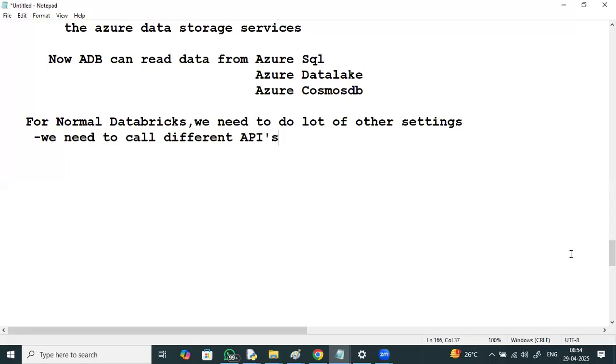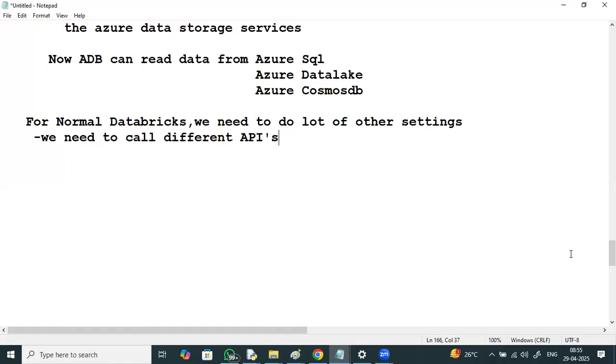One is the driver node, the master node, and the remaining are worker nodes. The driver node is the main node and takes care of everything. It has entire control over all the other worker nodes, the slave nodes.